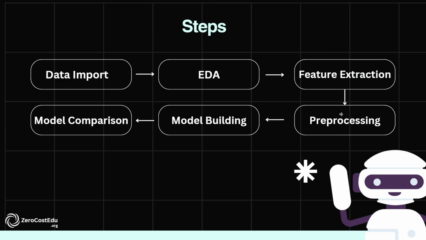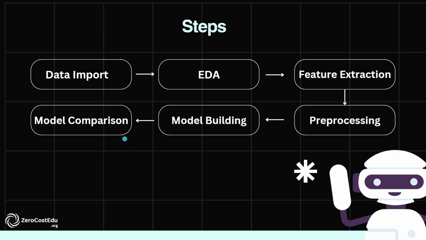After successful pre-processing, we're going to be building the model. And after building the model, we're going to jump into our model comparison. For model comparison, we're going to be using some relevant model algorithms to see how much score each one is getting, and we're going to be comparing those with the other models.